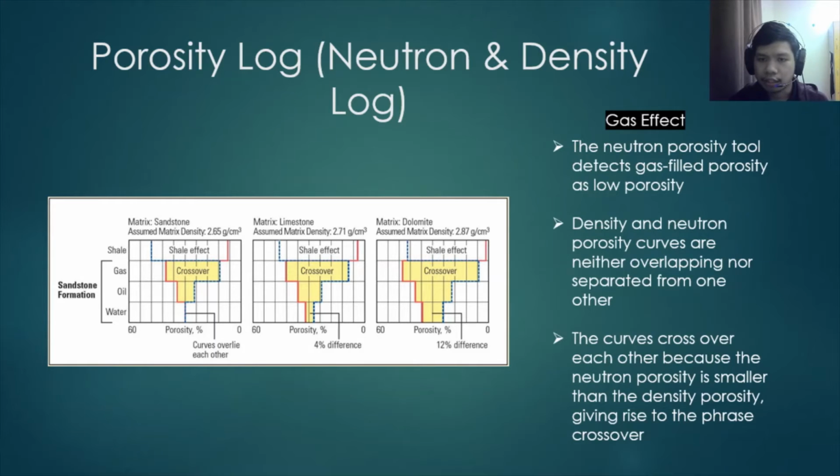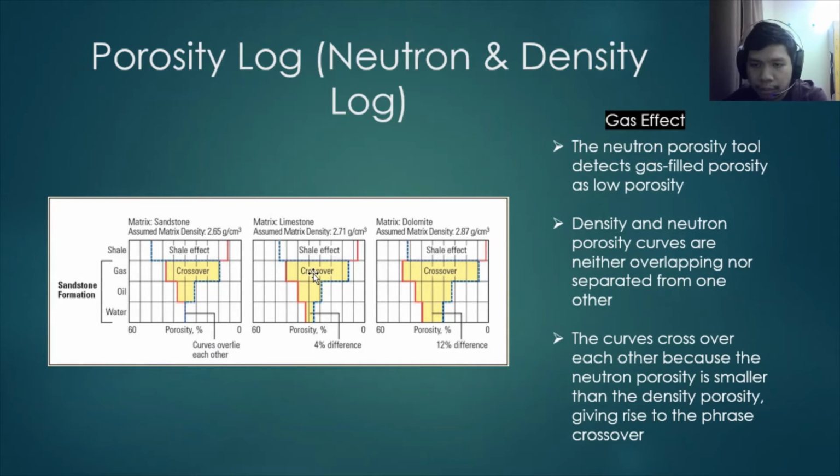And then the second one is the gas effect, where the neutron porosity tool detects gas-filled porosity as low porosity. Density and neutron porosity curves are neither overlapping nor separated from one another. As you can see, this gas, oil, and water are under the gas effect, and the reason the density log is higher than the neutron log is because neutron porosity is smaller than density porosity, giving rise to the phrase crossover.